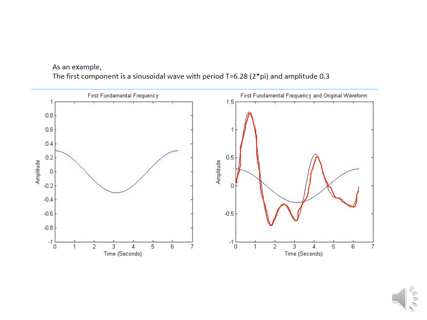So we have a simple fundamental, first fundamental frequency. If you look at this wave or signal, we can see that the amplitude, this is 0, the amplitude is 3.